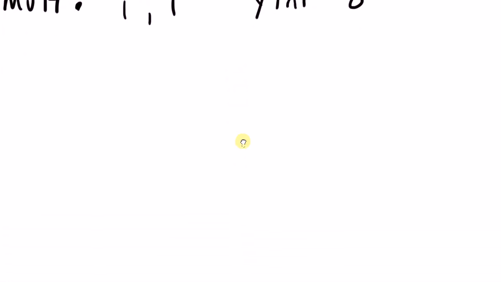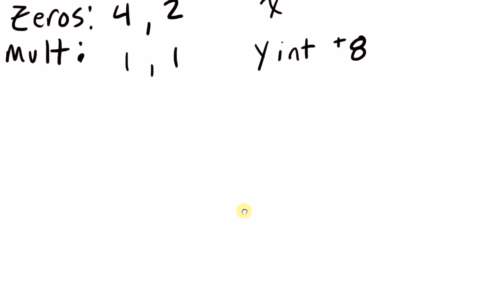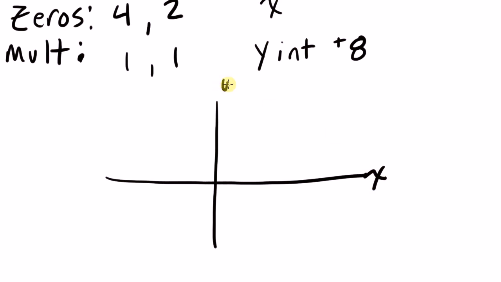Alright, so we have our y-axis and x-axis, and we just pop in our zeros here. So we have a 0 at 4 and a 0 at 2, and our other guy at 8.